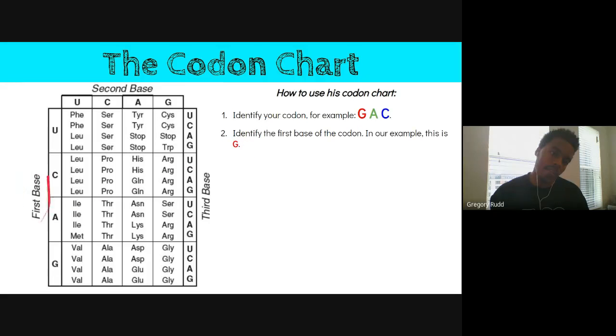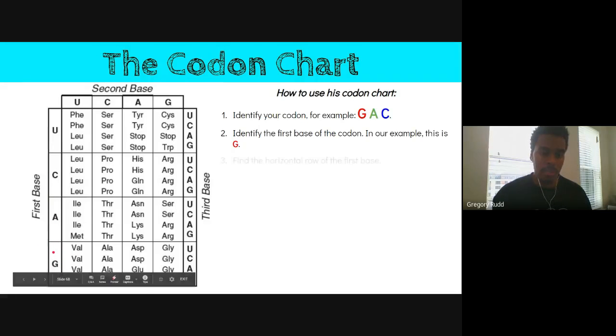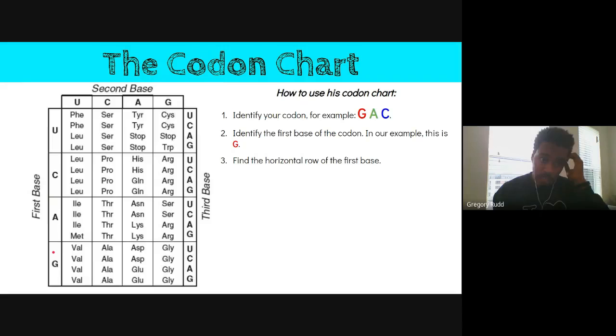I start on the left side, always. That's where I start with my first base, and I see that there's a G here. What that means is that I should be focused on that row, focused only on the G. All of this stuff up here no longer matters.